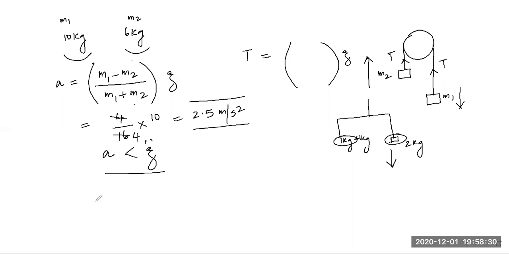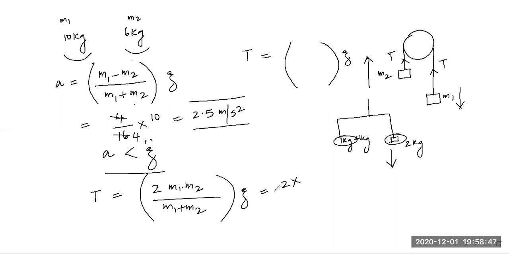Then second, T. What will be the tension? I'll tell you the formula for tension: 2 times m1 m2 divided by (m1 plus m2) times g. So Ishma, tell me what will be the tension? 2 into... yes, speak. The more you speak, the longer you remember.